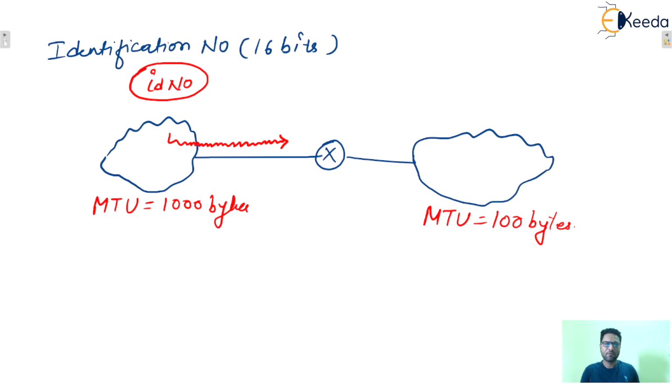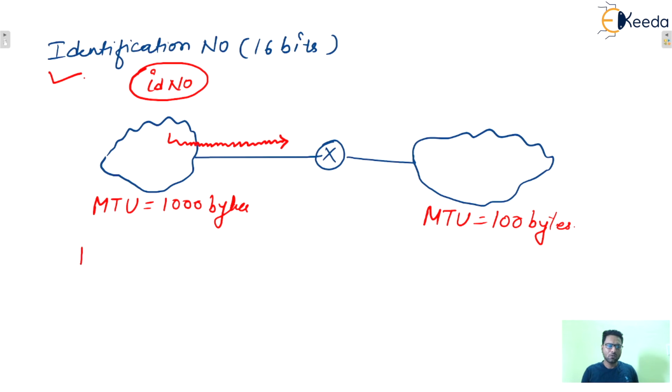The first datagram will have some ID, the second datagram will have another ID, and so on. Each and every datagram can be uniquely distinguished with the help of this identification number. This identification number is 16 bits. I hope this one is clear to everyone.